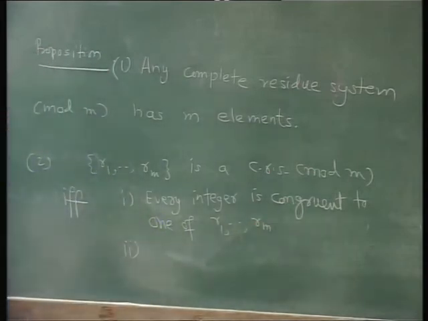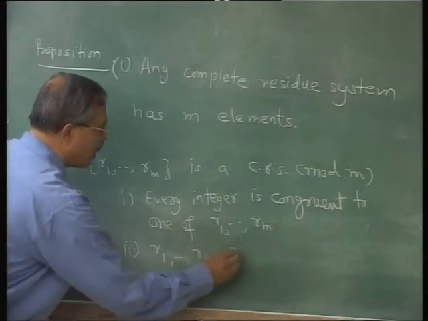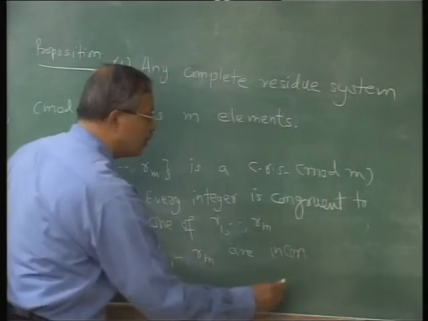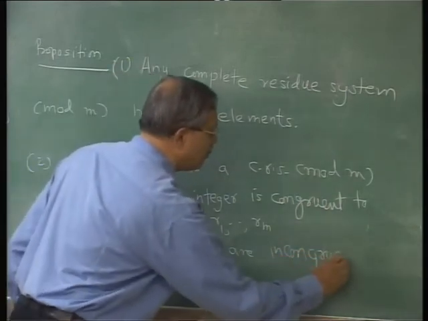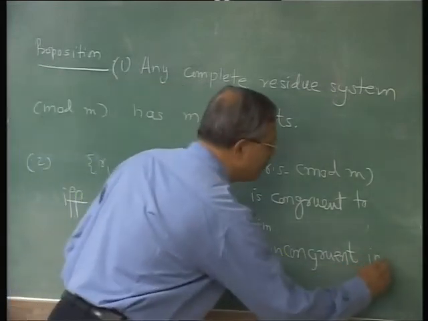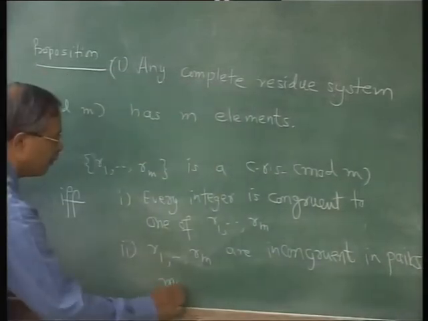Second, R1, R2, Rm are incongruent in pairs mod m.